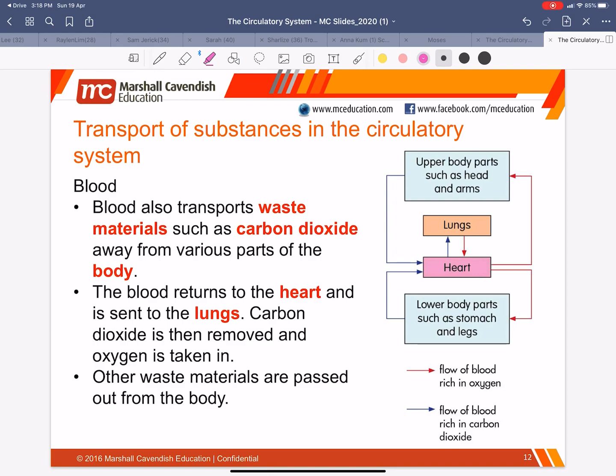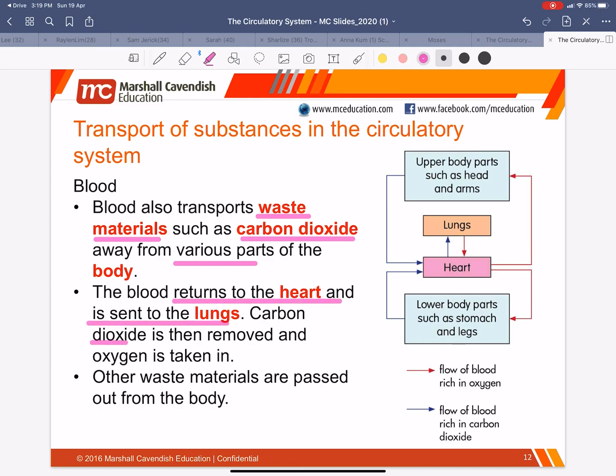Now, the blood also transports waste materials such as carbon dioxide, like what I've always pointed out, from various parts of the body. Actually, it's from all parts of the body. Basically, you need to have a way to transport all this carbon dioxide from any part of your body to your lungs so that it can be expelled out. The blood returns to the heart and is sent to the lungs.